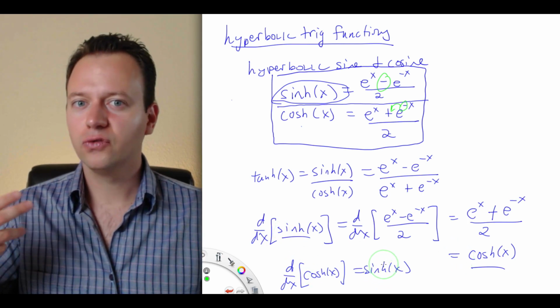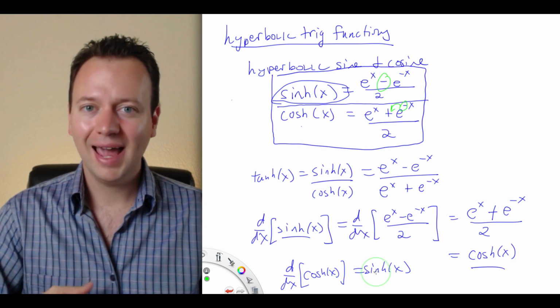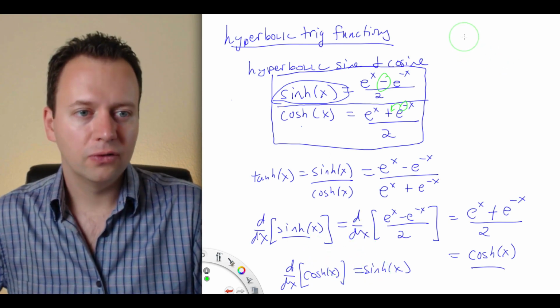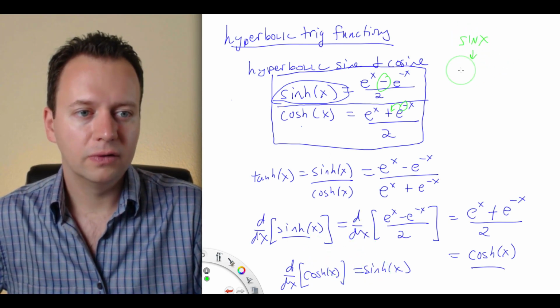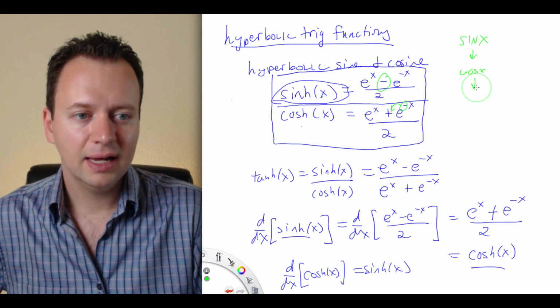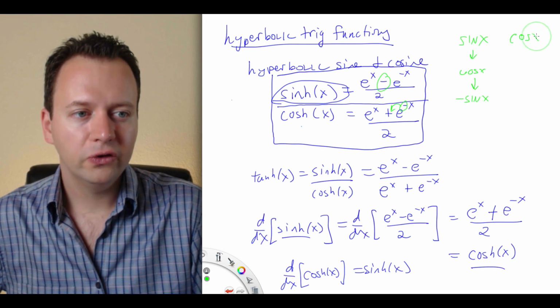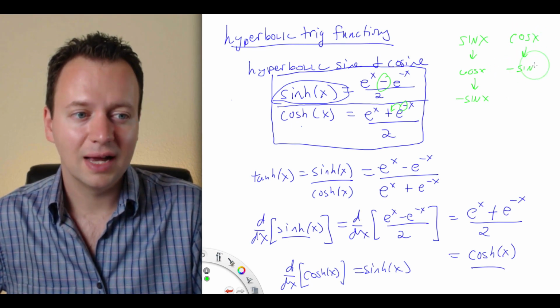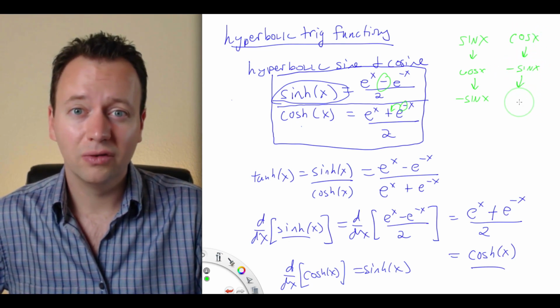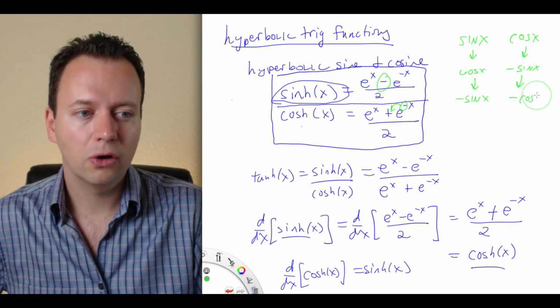So instead of the second derivative being the negative of the original, right? If you have sine of x, the derivative is cosine of x, and the second derivative of sine of x is negative sine of x. Cosine of x, its derivative is negative sine of x, so therefore the second derivative of cosine of x is negative cosine of x.